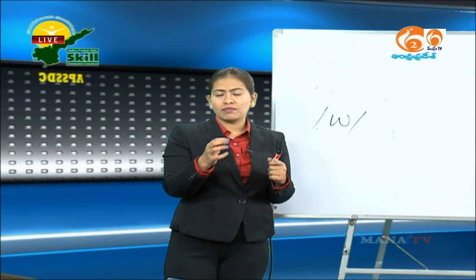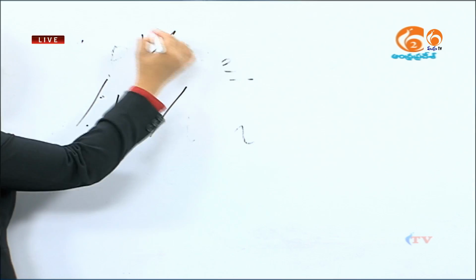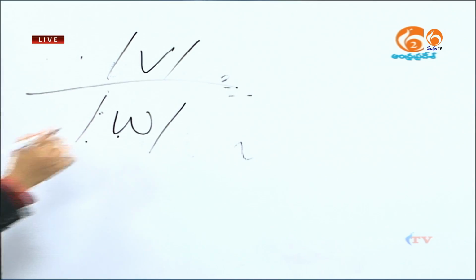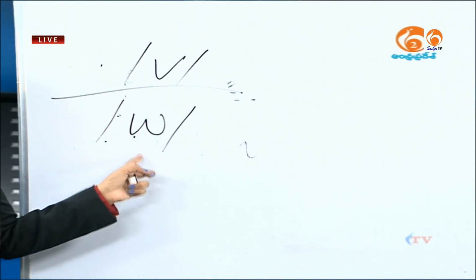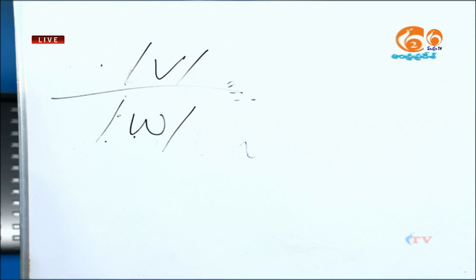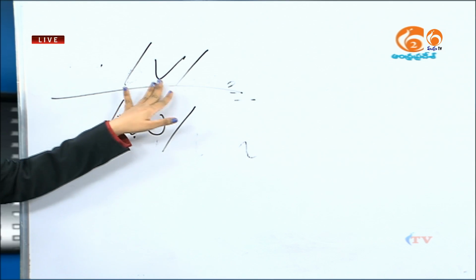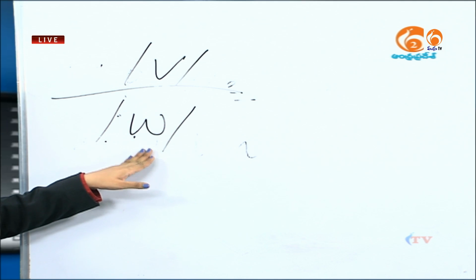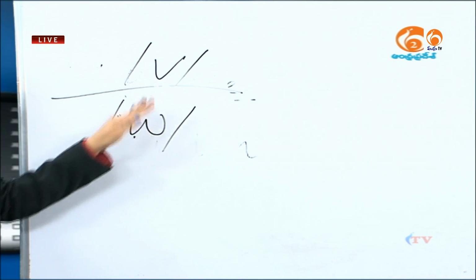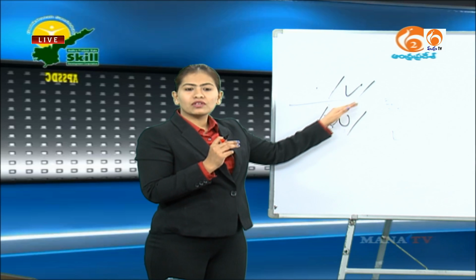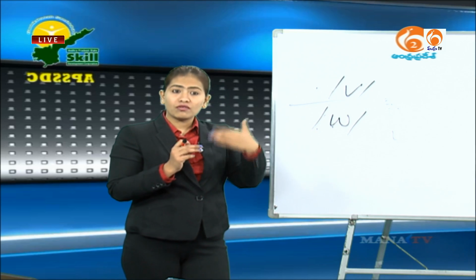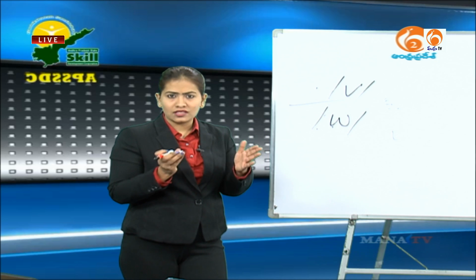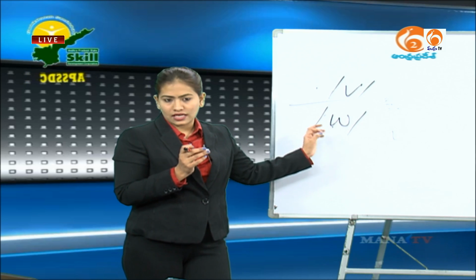So to keep in mind, the sound V and the sound W take two different techniques, and there are a lot of words in the English language which start with V sound and which start with W sound. So we have to keep one thing in mind, there are two different sounds with two different techniques, and there are a lot of words which are highly replaced only because I did not get the technique correct.